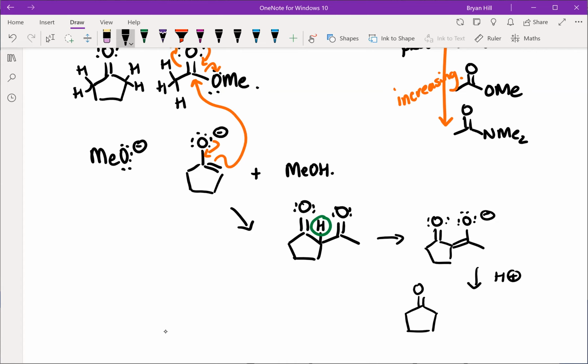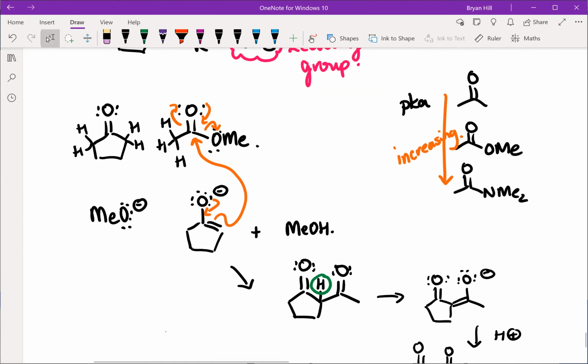Now, the way I've drawn this, there's one critical, problematic thing which we haven't discussed yet. If you add a base, the most acidic protons are these guys. No problem there.